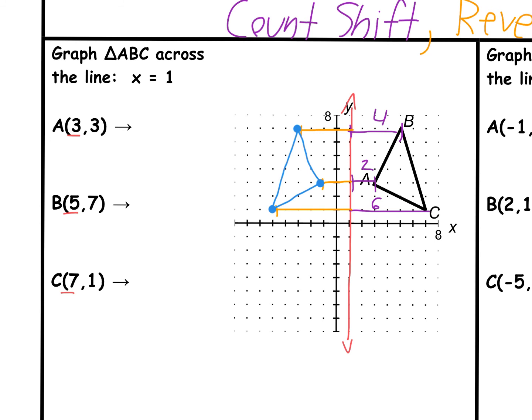So 3, 3 will become -1, 3. 5, 7 will become -3, 7. 7, 1 will become -5, 1.